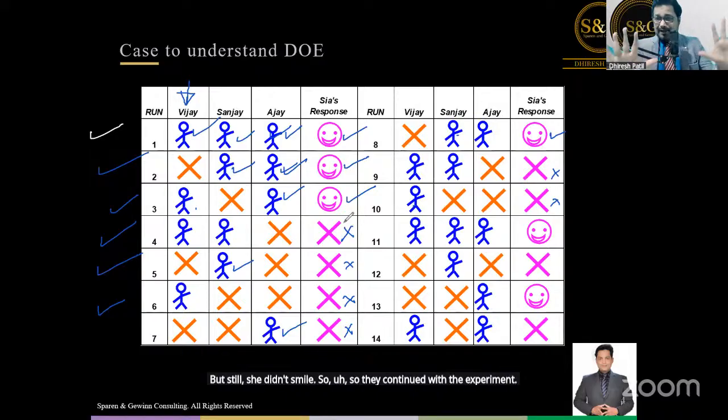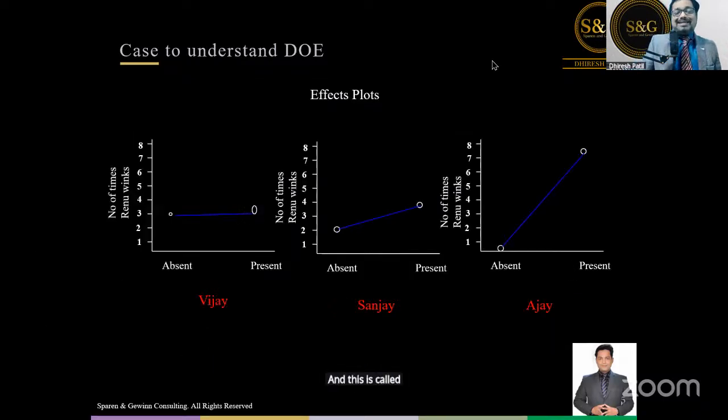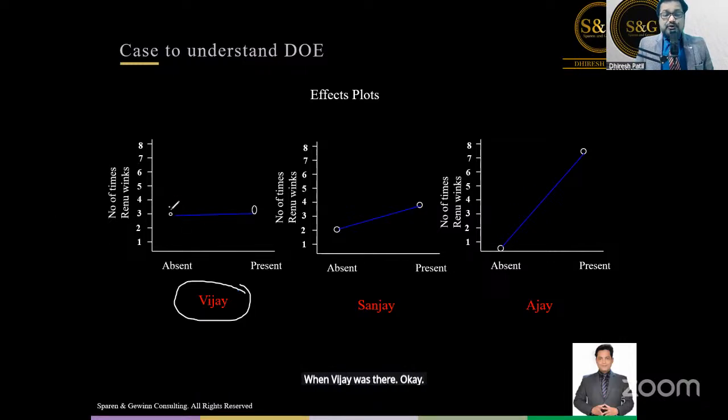Okay, so this is where the experiment happened. Then they collected the data and did some analysis, and this is called an effect plot. Now try to understand this effect. When Vijay was absent, she smiled 3 times.